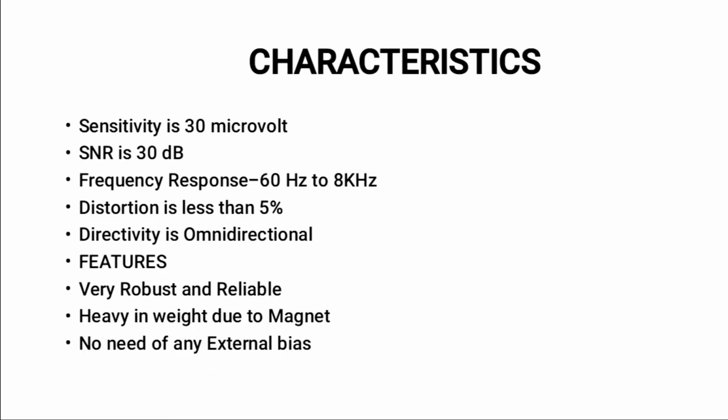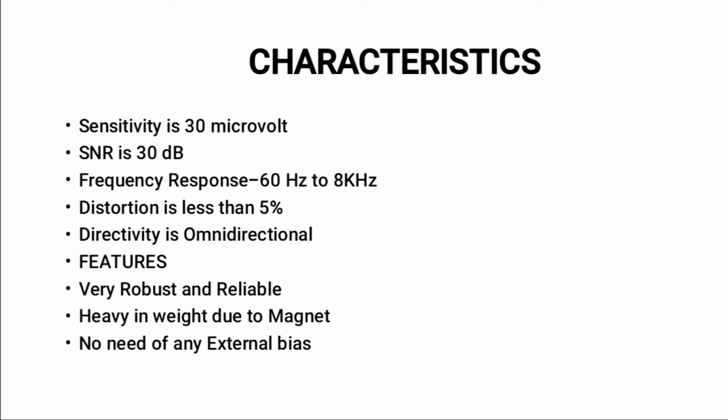Now we can see some of the general characteristics of this dynamic microphone. The sensitivity of this moving coil microphone is 30 microvolt in nature. Then the signal to noise ratio is 30 dB, which is very low.